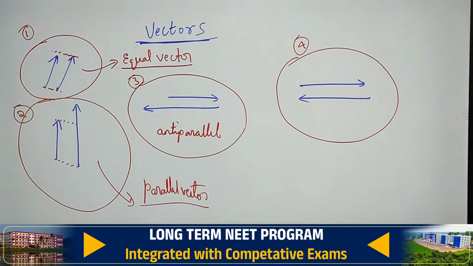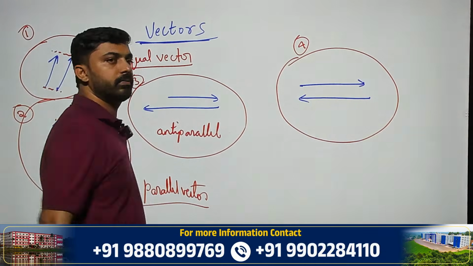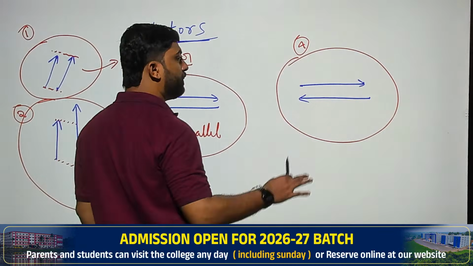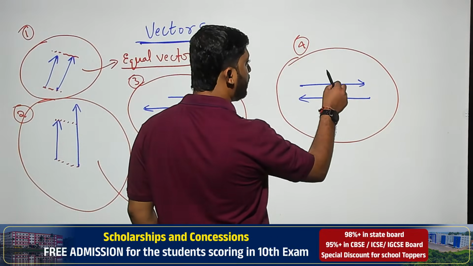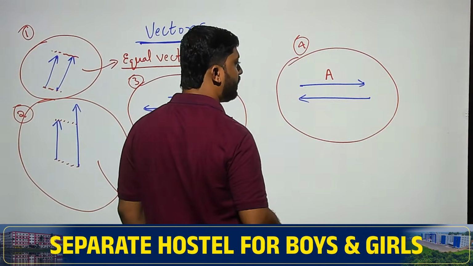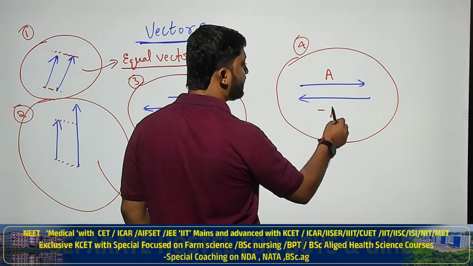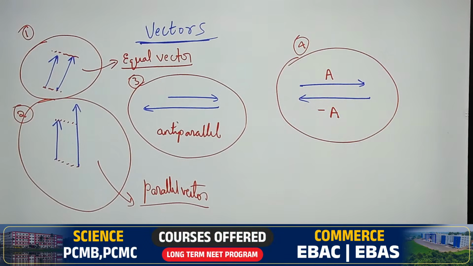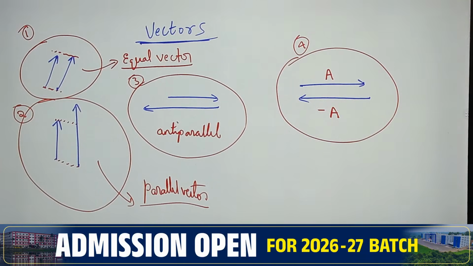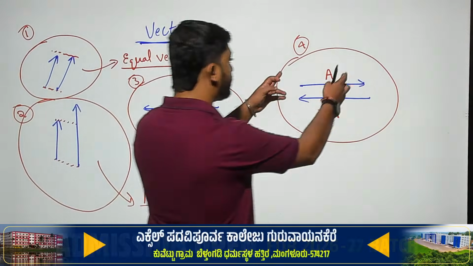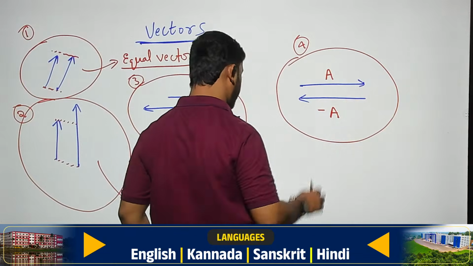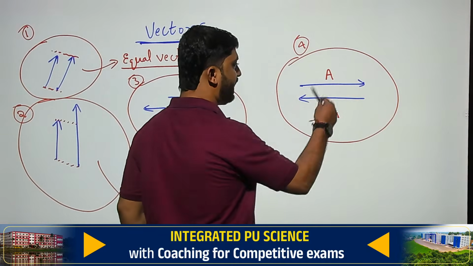Next. What about this? This is also anti-parallel, but if this is vector A, I can call it minus A vector. Here the magnitude is the same and the direction is opposite.